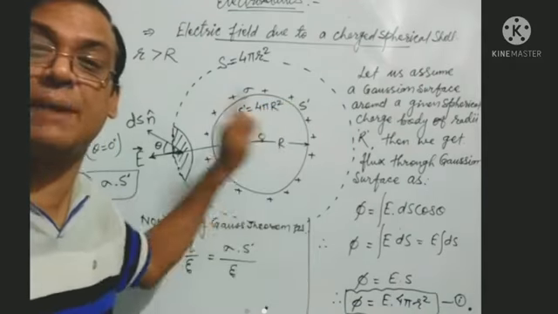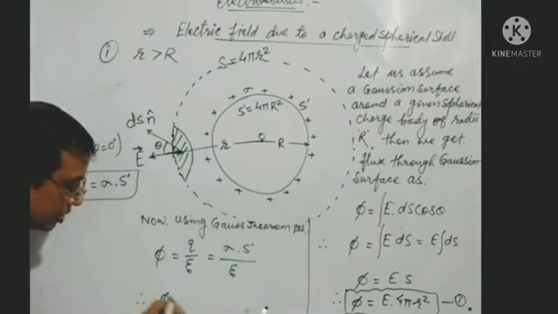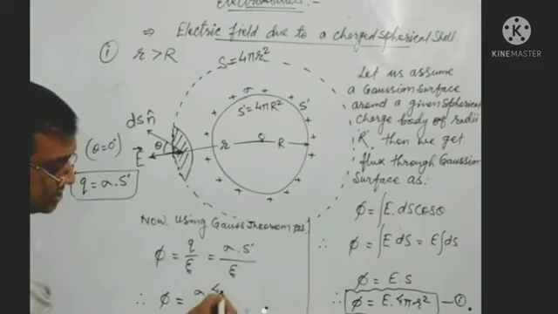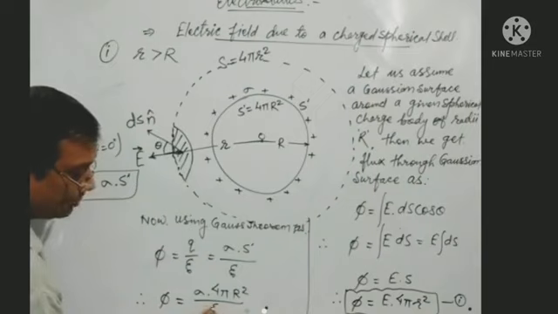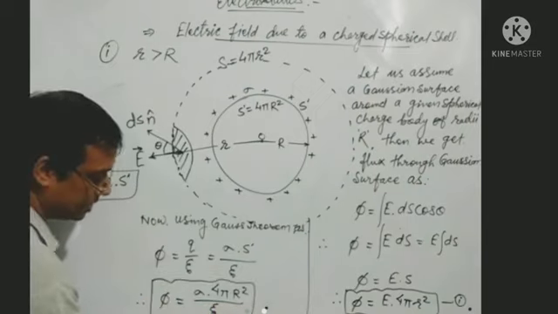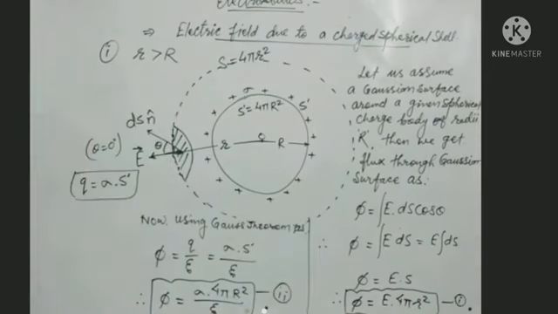So phi equal to sigma into 4 pi capital R square whole upon epsilon naught. This must be taken as equation number 2.